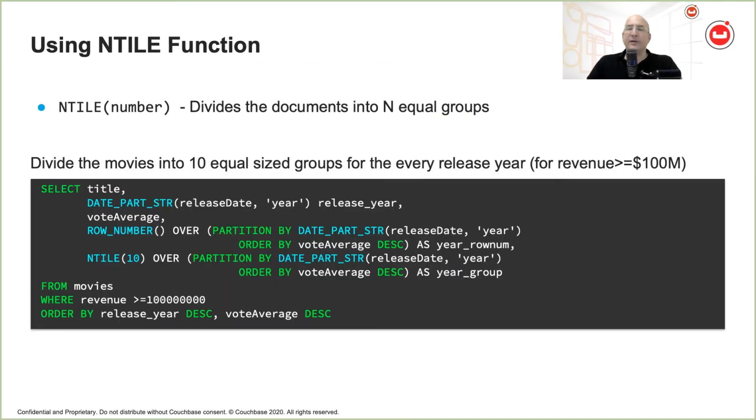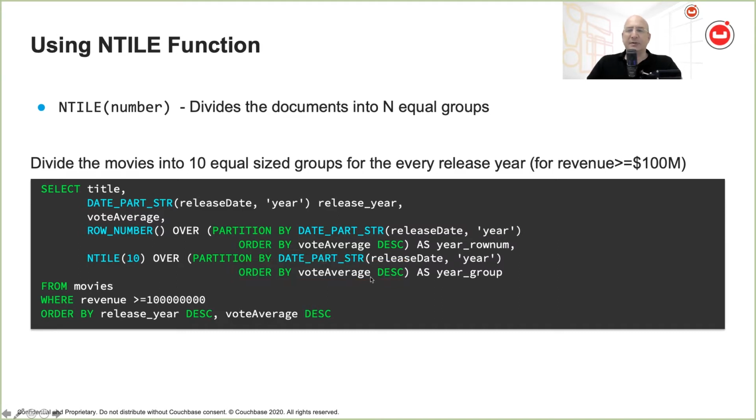Another interesting window function is the NTILE function. NTILE gets a number as a parameter, let's call it n, and divides the result set in each window into n equally sized groups and gives each and every group a sequential number. NTILE is based on the order by clause, which defines the order by which the movies are sorted.